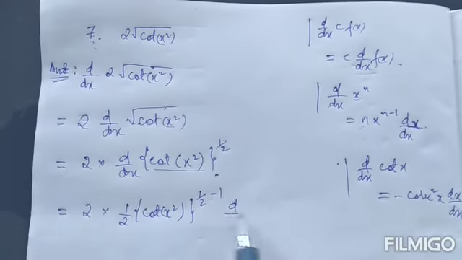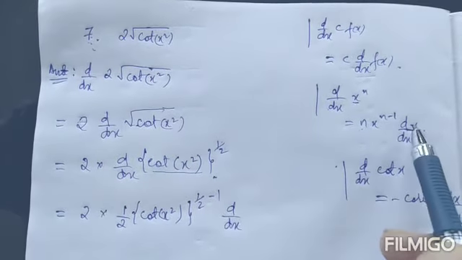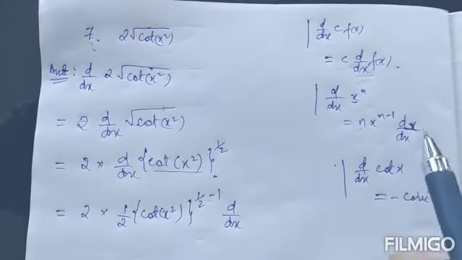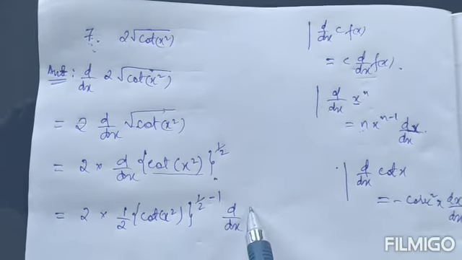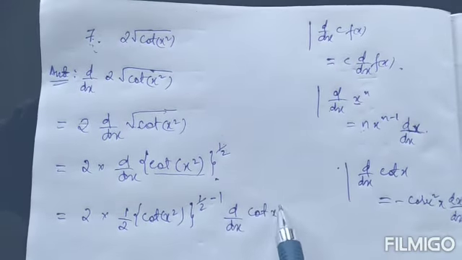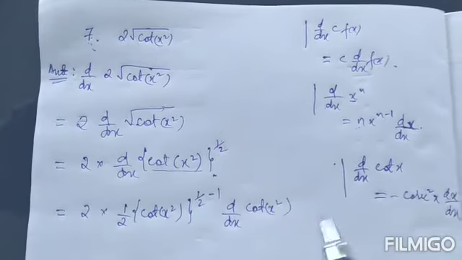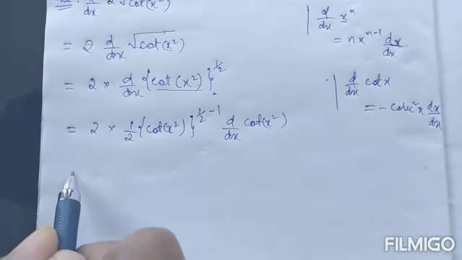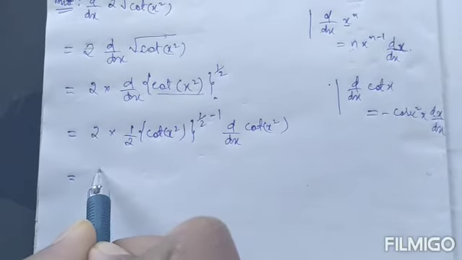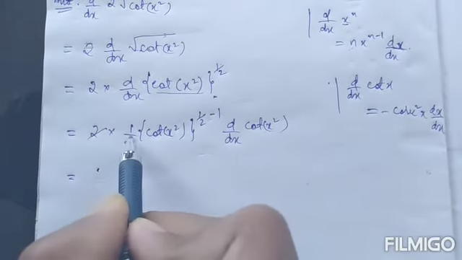Then d by dx remains the same. I have to differentiate x, our x in this case is cot of x square. So in the next line, 2 and 2 will get cancelled.